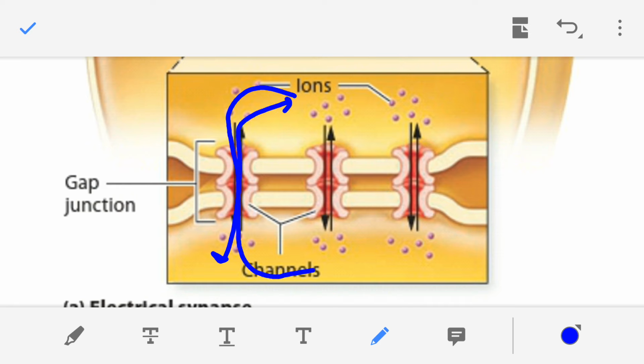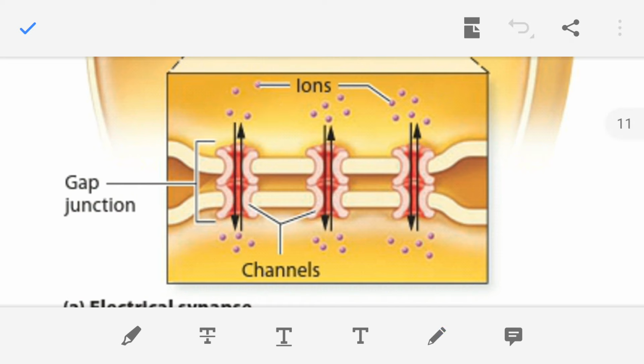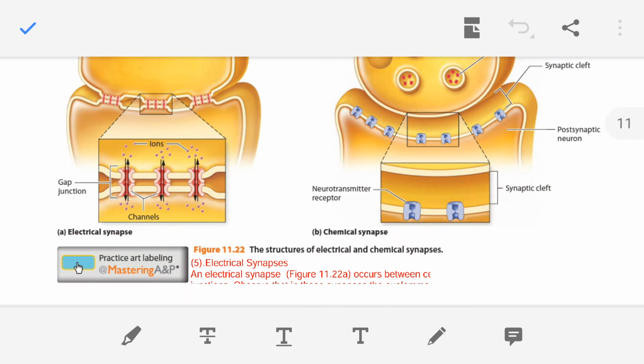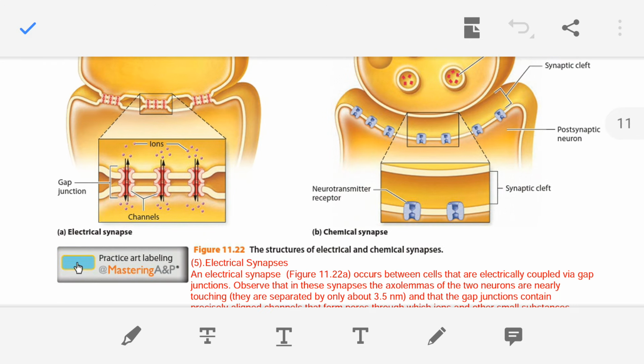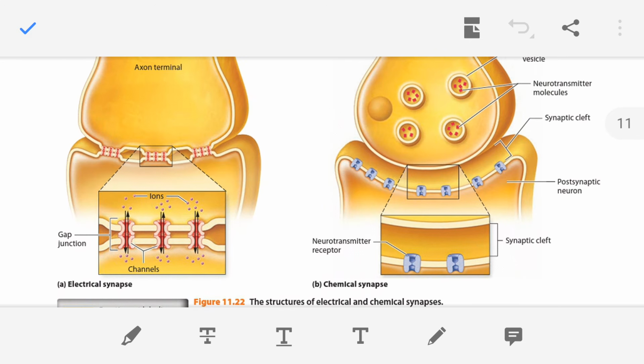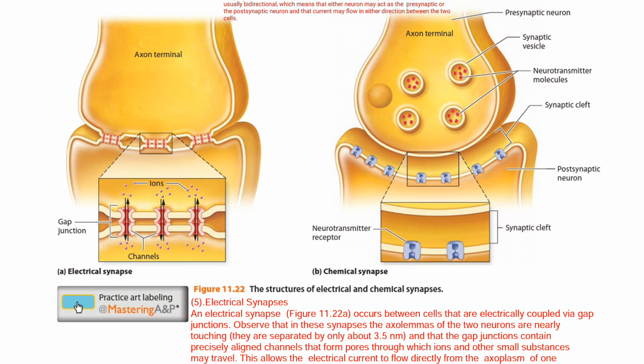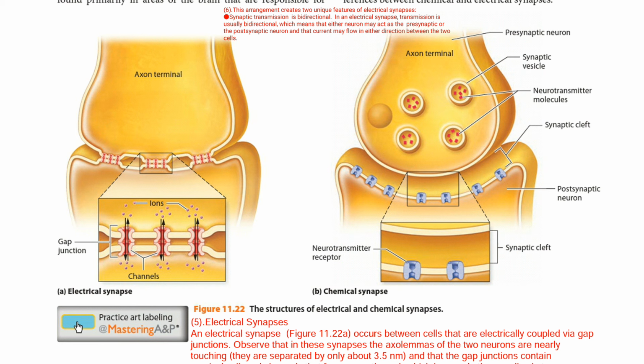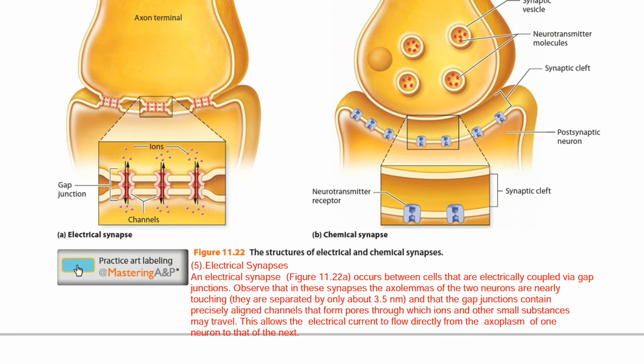Similarly, we can think of other substances in the same way. Other substances are also traveling in both directions through the gap junction. So I am showing you the entire figure so that you can have an idea of the electrical synapse. On the left-hand side they are showing us the electrical synapse, and on the right-hand side they are showing us the chemical synapse.